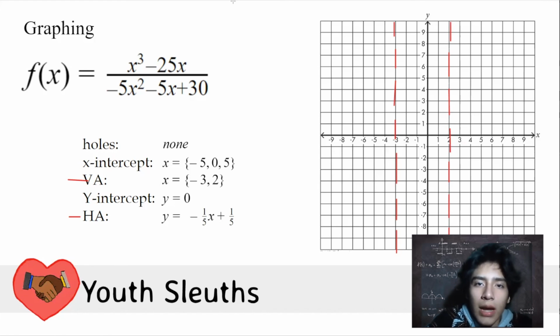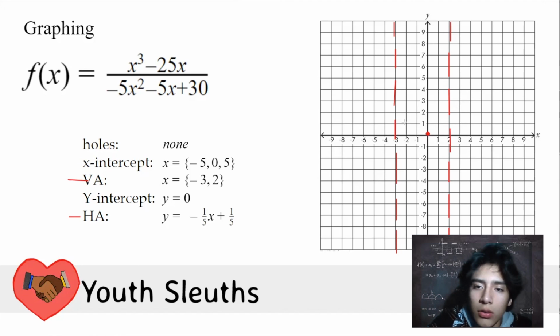Then for the slanted asymptote, we are going to graph that like it's a regular line. So we know we have a y-intercept of 1/5, so we're going to put 1/5 right there. Then we're going to use the slope as any other slope using rise over run. But since we are going negative, we're going to go 1 up, then 5 to the left.